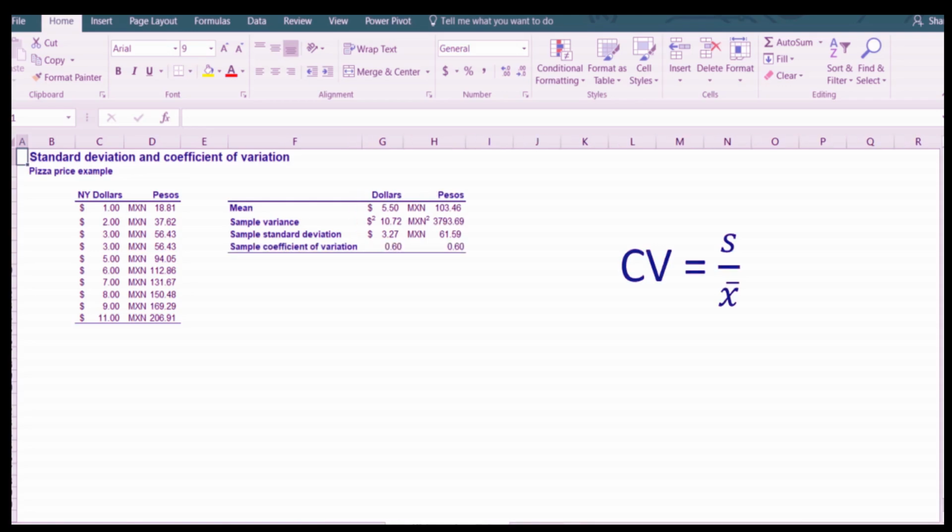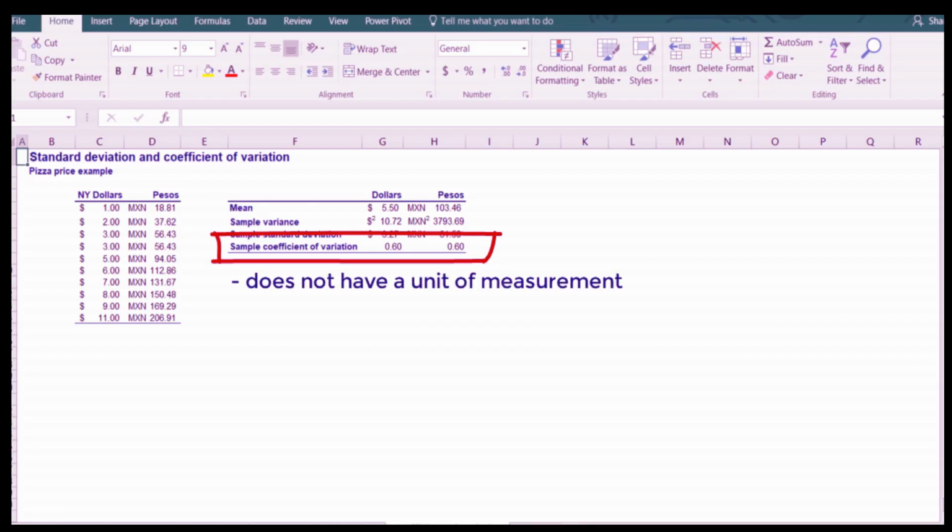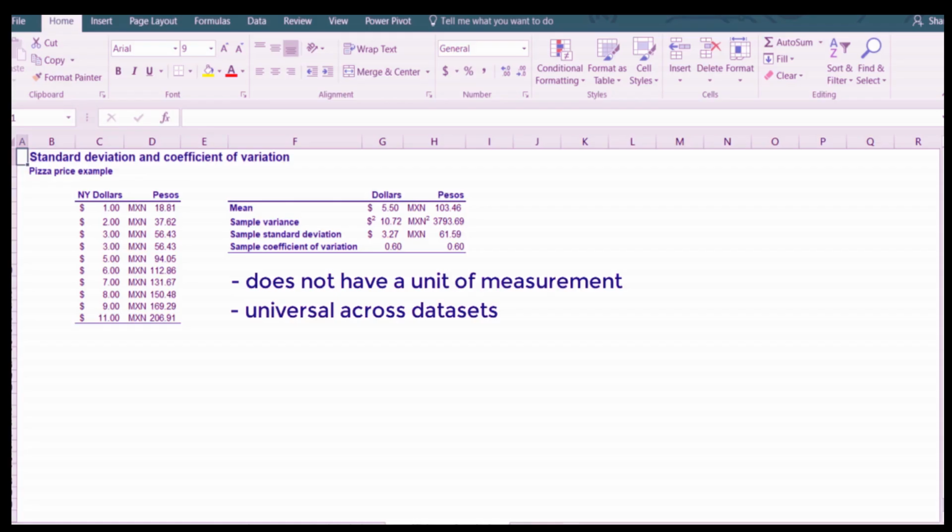The result is the same, 0.60. Notice that it is not dollars, pesos, dollars squared, or pesos squared. It is just 0.60. This shows us the great advantage that the coefficient of variation gives us. Now, we can confidently say that the two datasets have the same variability, which is what we expected beforehand.